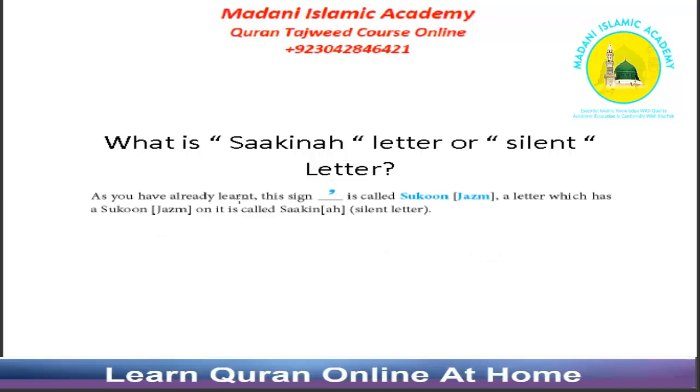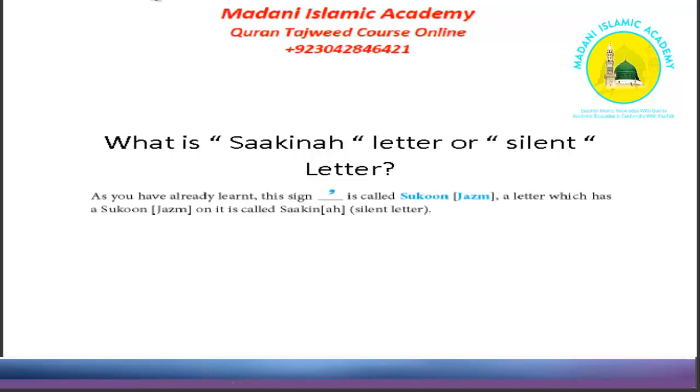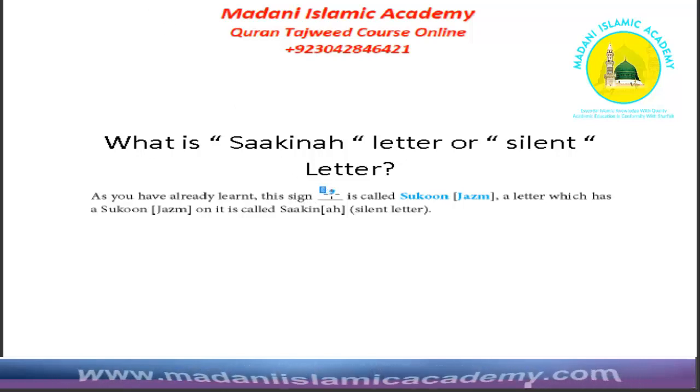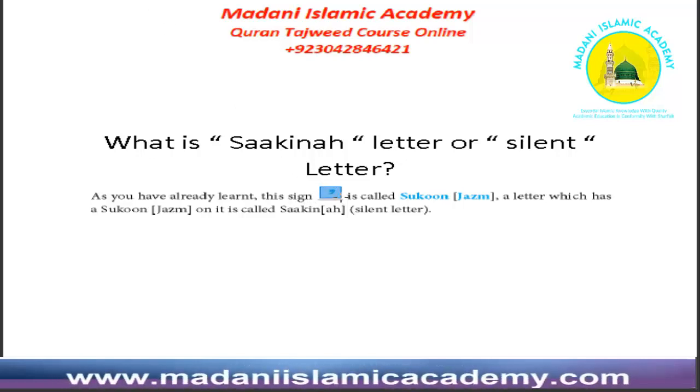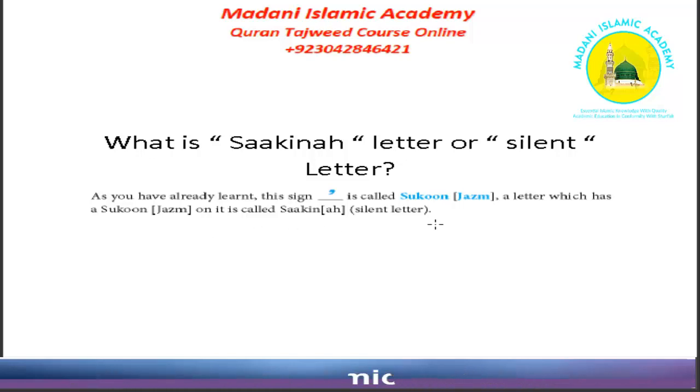As we have learned, this sign is called the jazm sign or sukoon sign. Any letter which has this sign is called a sakin letter or silent letter.